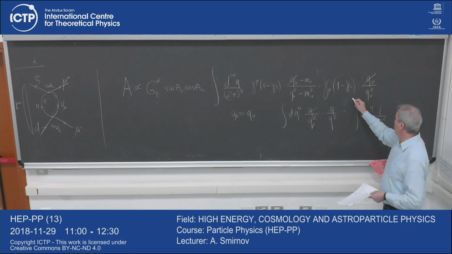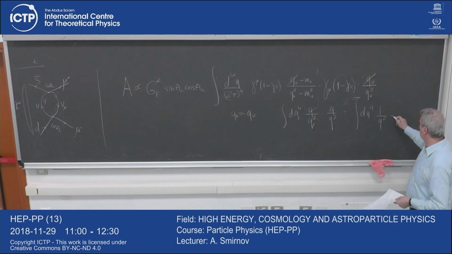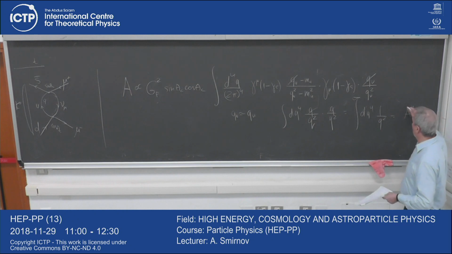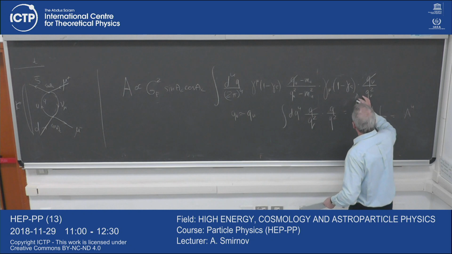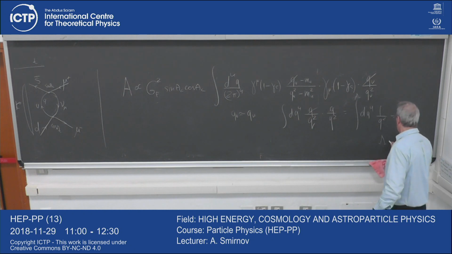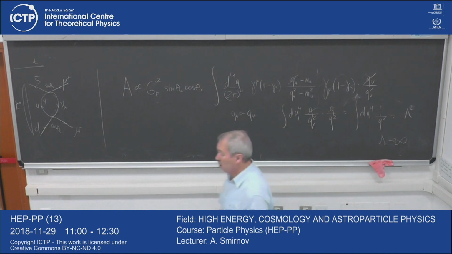You integrate up to infinity, and it diverges as the upper limit, if I introduce an upper limit lambda, and then I need to let lambda go to infinity in principle, right? So that is lambda to the square, sorry. That's lambda squared. So the integral is divergent.